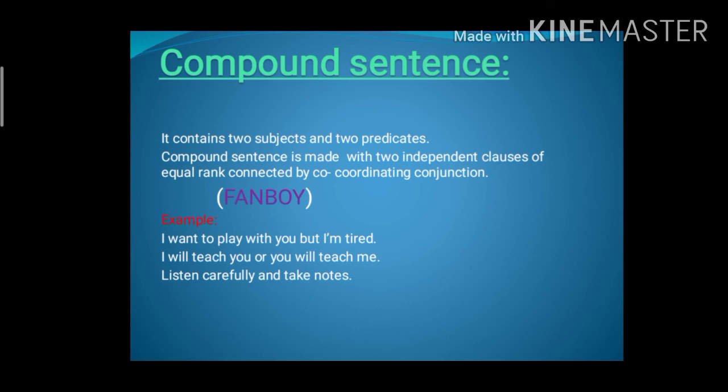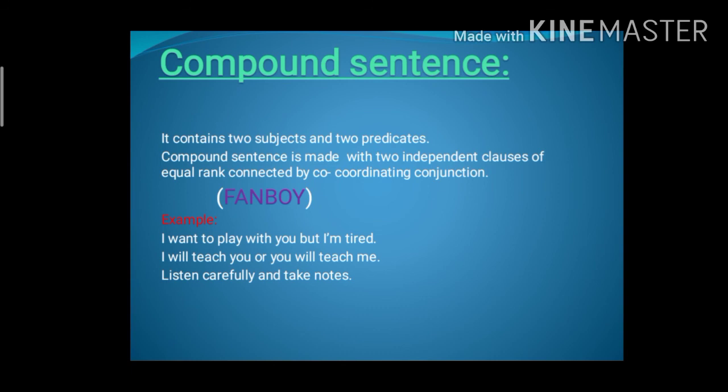A compound sentence. Guys, a compound sentence may be defined as one that contains two subjects and two predicates. A compound sentence is made with two independent clauses of equal rank. Guys, we have studied dependent and independent clauses. A compound sentence is made with two independent clauses of equal rank connected by a coordinate conjunction.